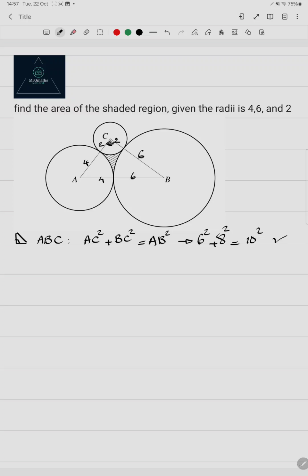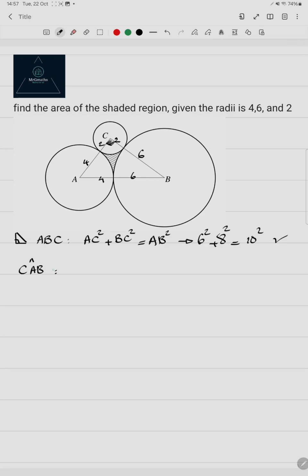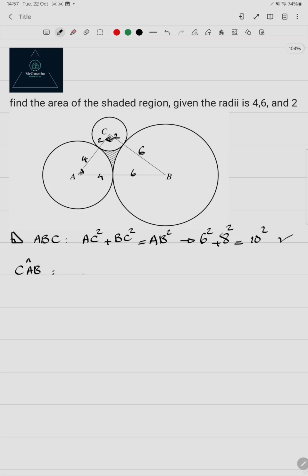The next step for me is to find the value of angle A and angle B. For angle CAB, I can find out tan A. Actually, I'm going to find B first.